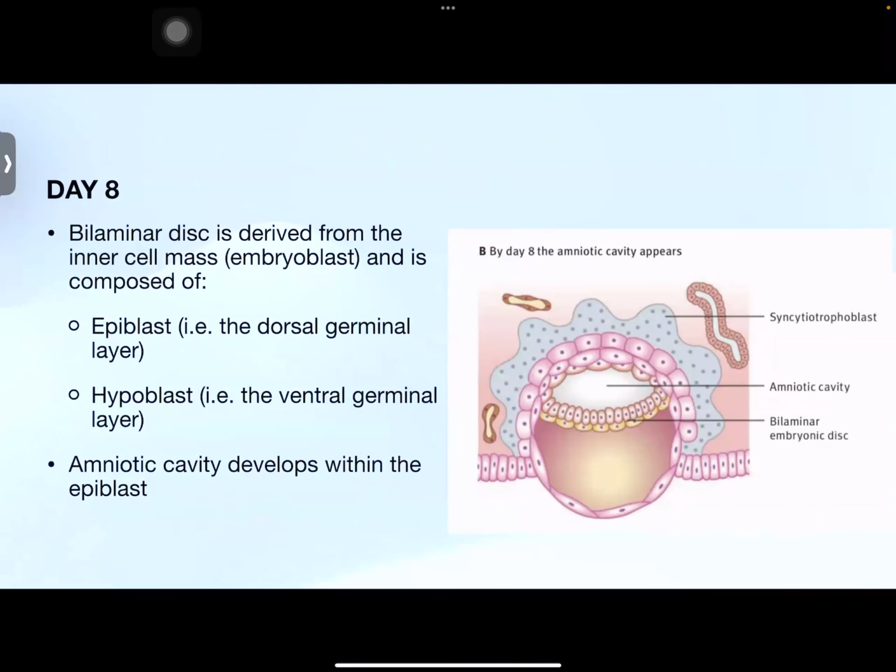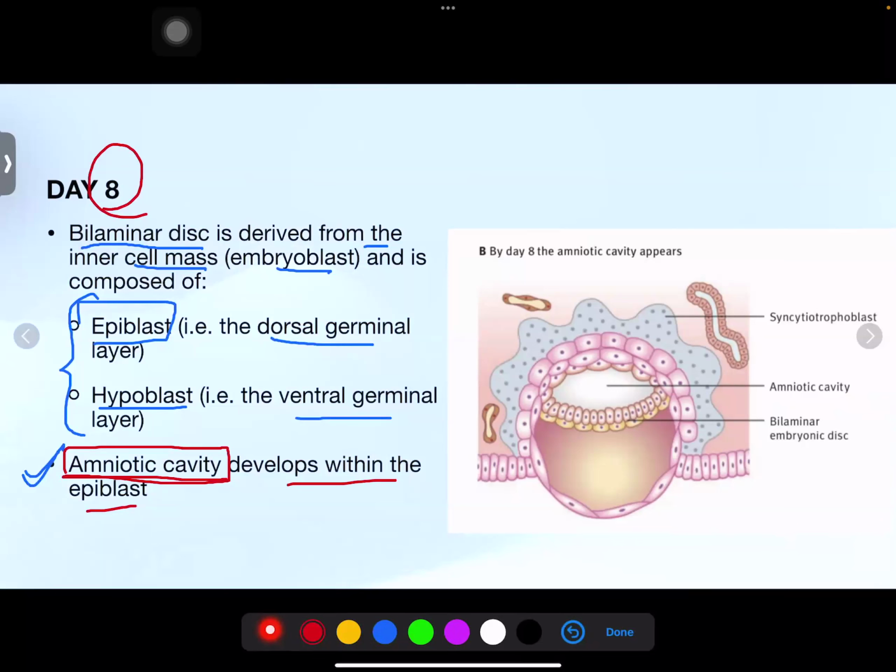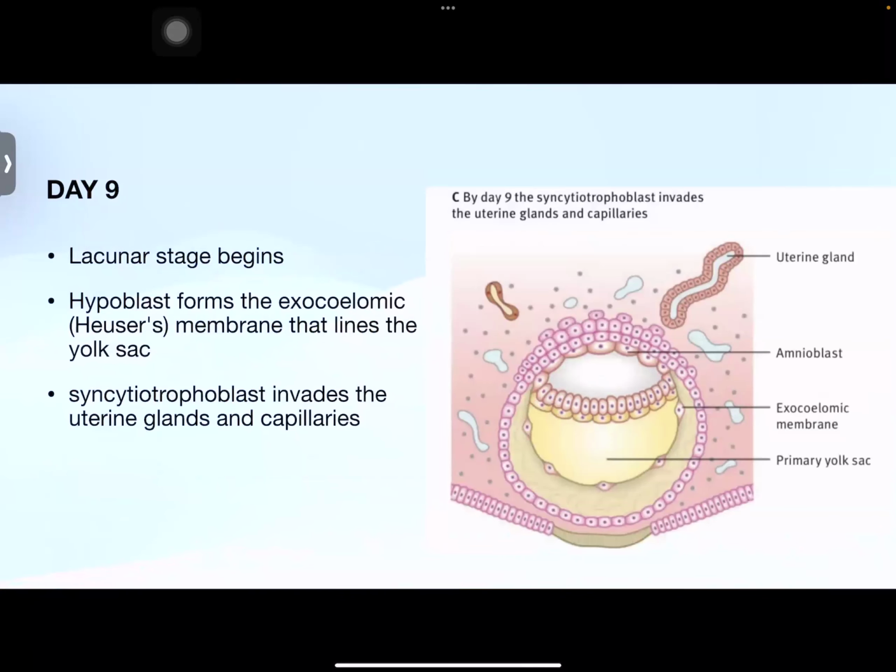Now what happened when the amniotic cavity appears? Here, this is the bilaminar germ disc, and the amniotic cavity develops within the epiblast. So upward, you can say, this is the amniotic cavity which develops within the epiblast.